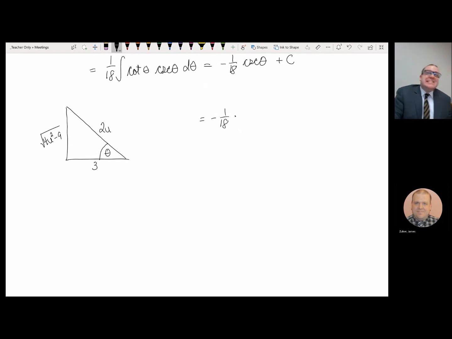How is cosecant defined in terms of right triangle trigonometry? There's cosecant as a function of u.